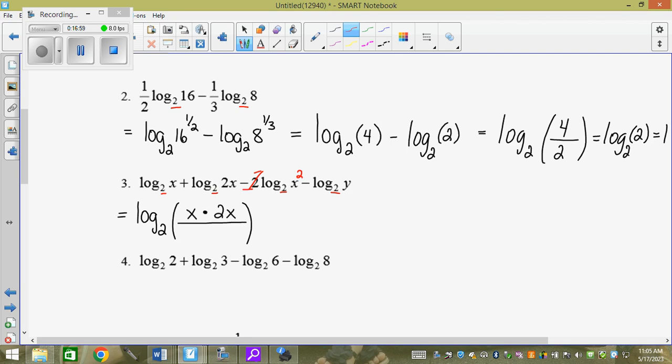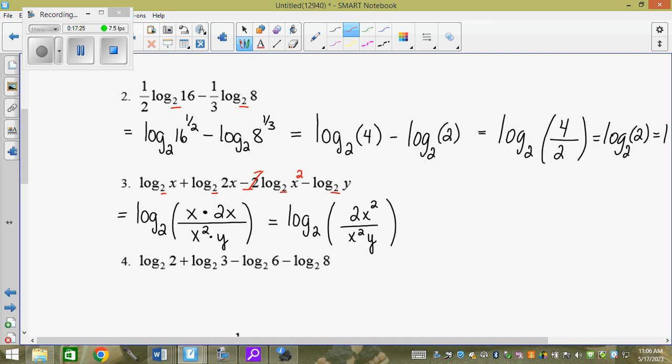Then we have minus 1, so the x squared goes in the denominator. And the y has a minus 1 in front, so it also goes in the denominator. And what do we do with these two things? Multiply. So now I have log base 2 of 2x squared over x squared y.